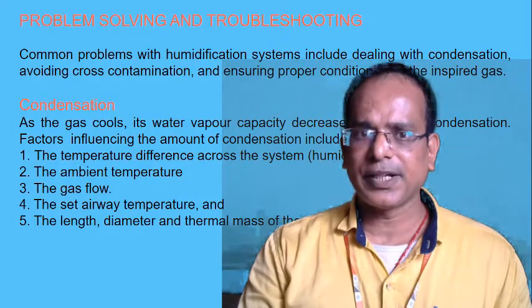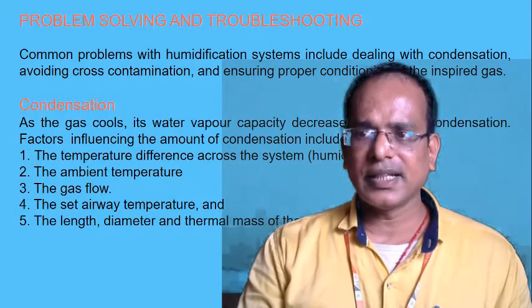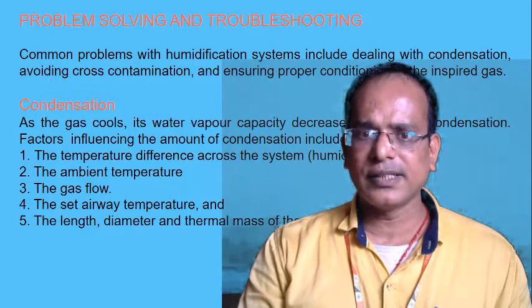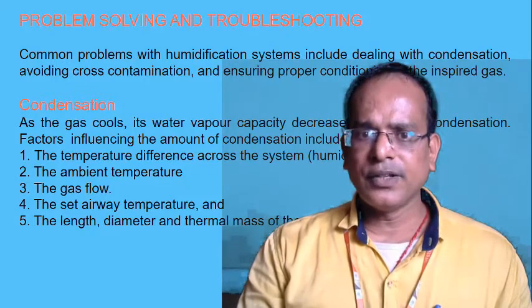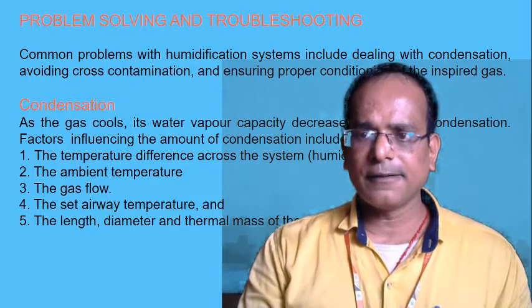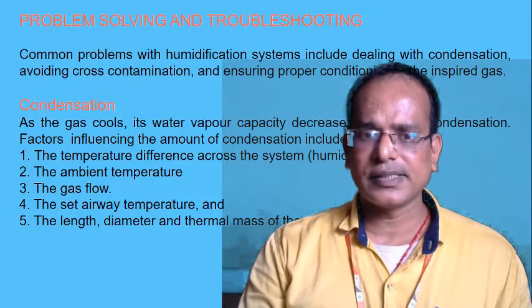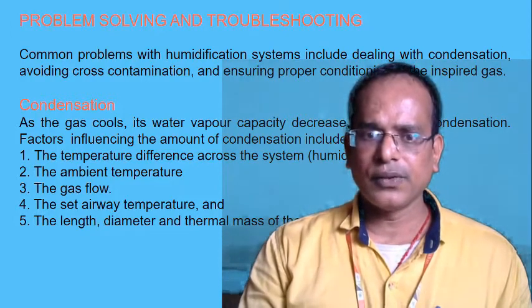Condensation: as the gas cools, its water vapor capacity decreases, resulting in condensation. Factors influencing the amount of condensation include: first, temperature difference across the system, from the humidifier to the airway, and the ambient temperature; second, gas flow; third, set airway temperature; fourth, length, diameter and thermal mass of the circuit.